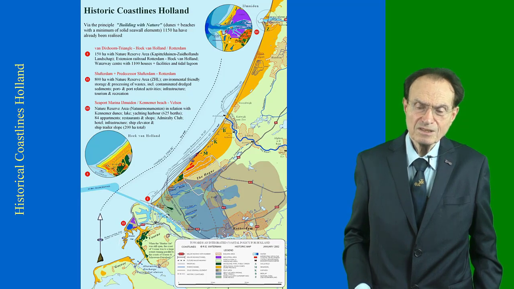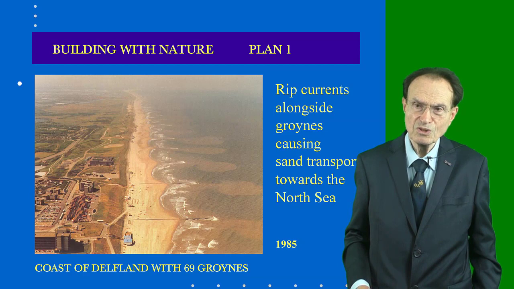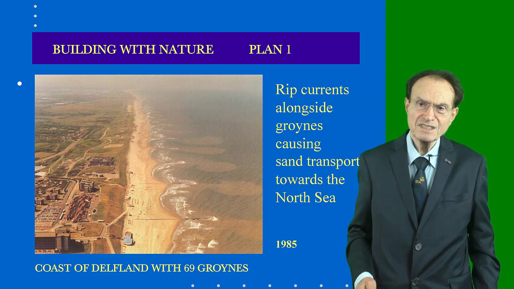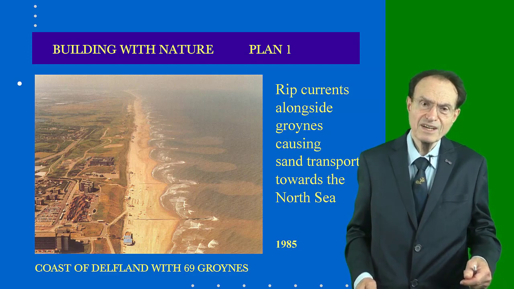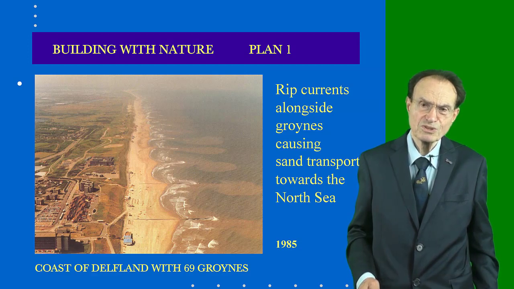In the past, we decided centuries ago to protect the Delftland coast with a series of 69 groins perpendicular to the coast. The reason was flood is nearing the coast at an angle, ebb is flowing away at another angle, and this results in a net transport of sand along the coast.